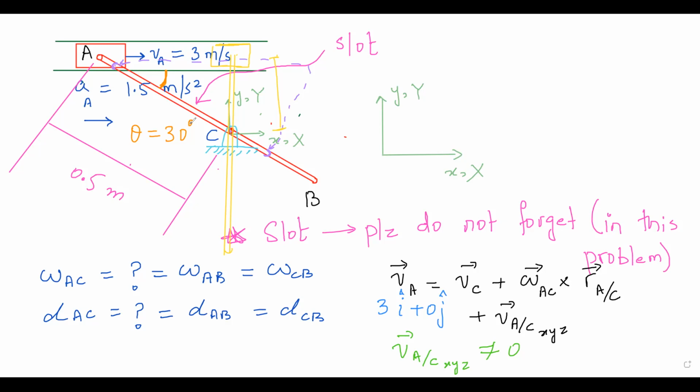Are you following me? This part is clear, right? Because the coordinate system is different. For the small xyz coordinate system, we are choosing the same directions as the bigger XY because we are trying to make the cross products much easier for us, right? If you choose this rod, I will explain this.